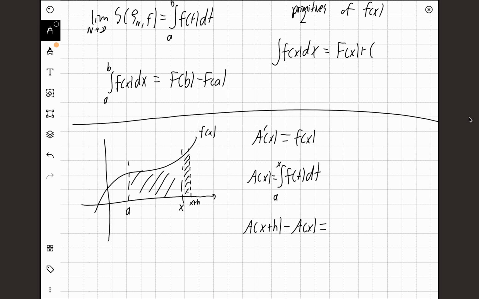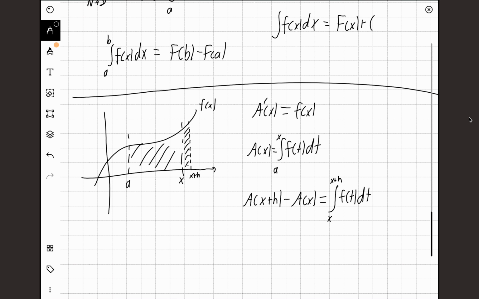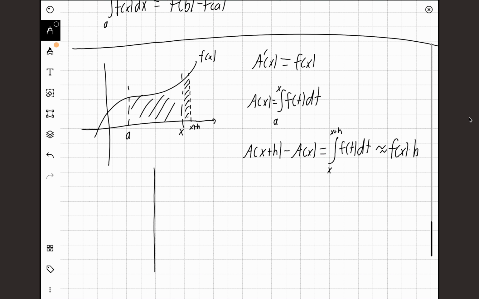Well, the special realization you can make is that this will just be the integral from x to x plus h of f of t dt. But if your h is small enough, if you take the limit as h goes to 0, this will approximately equal your function f of x times the value h. Because look, I can zoom into my function a bit more.